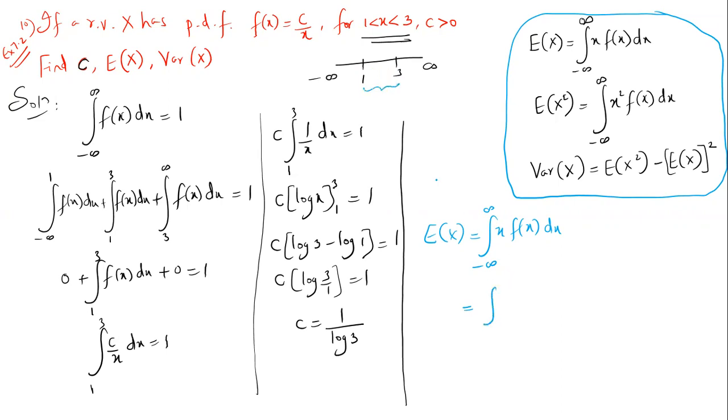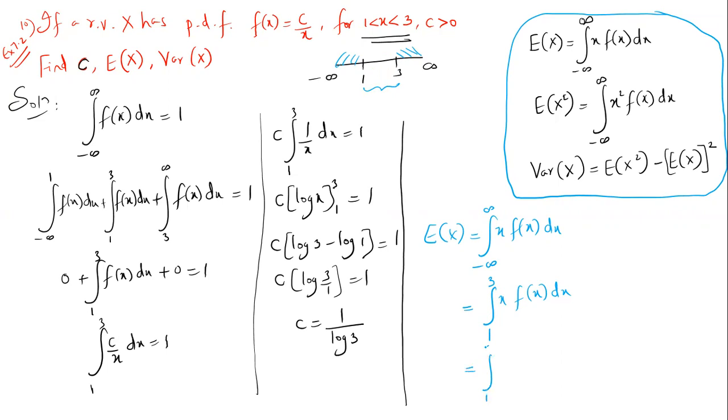So the left-hand part is 0 and this part is also 0. So I'll directly go to 1 to 3 of x into f(x) dx.